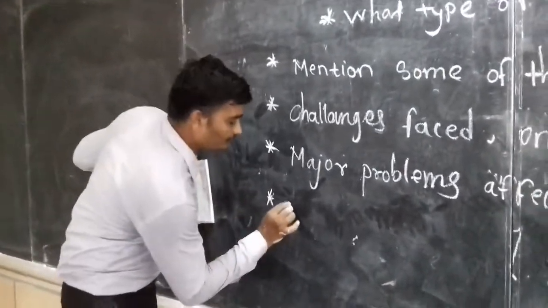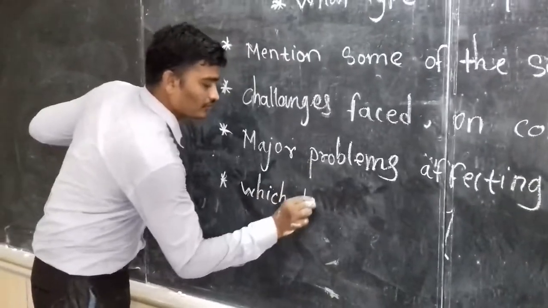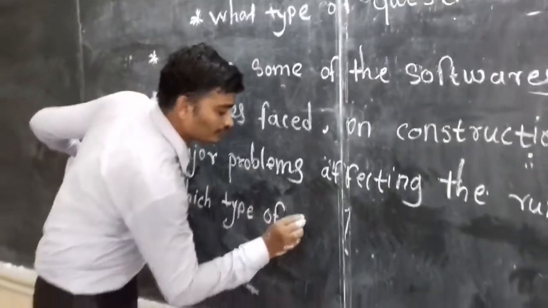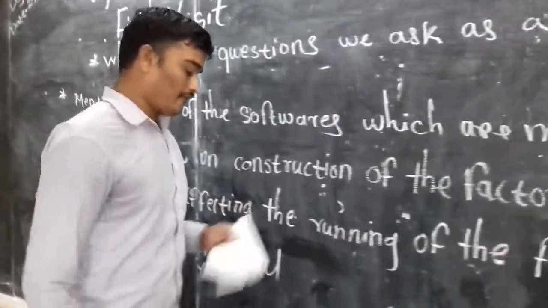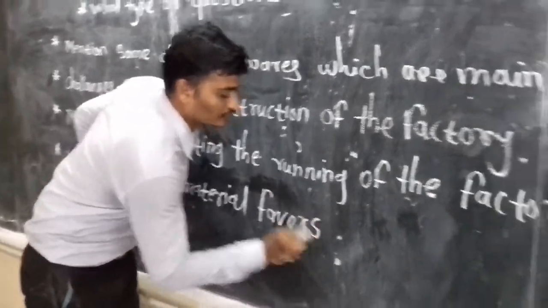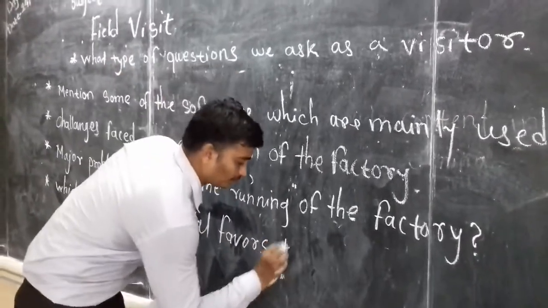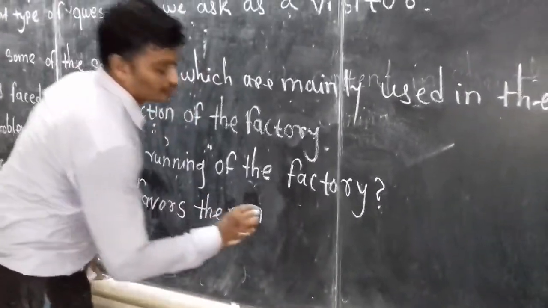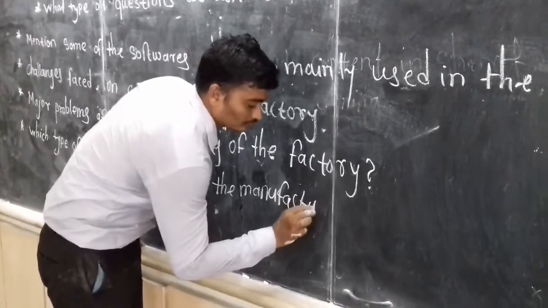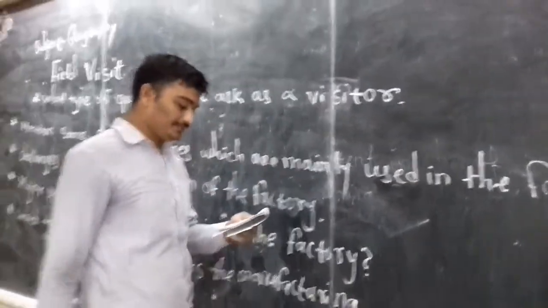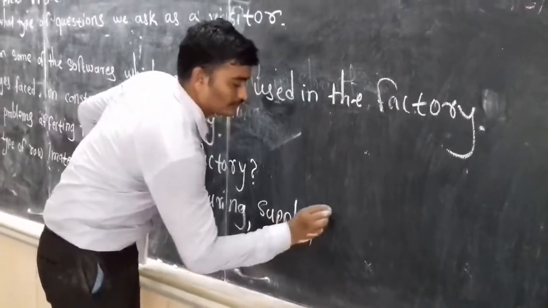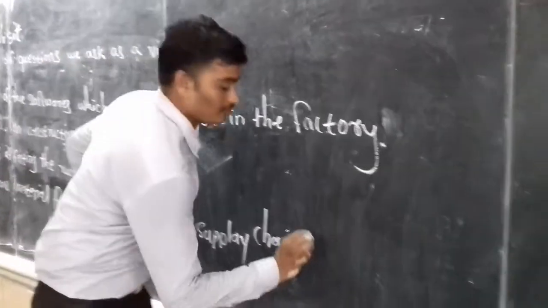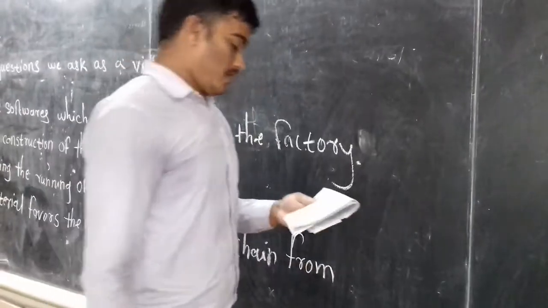See, this point you also have to remember: which type of raw material favors the manufacturing, and the manufacturing supply chain from raw material to dispatch.